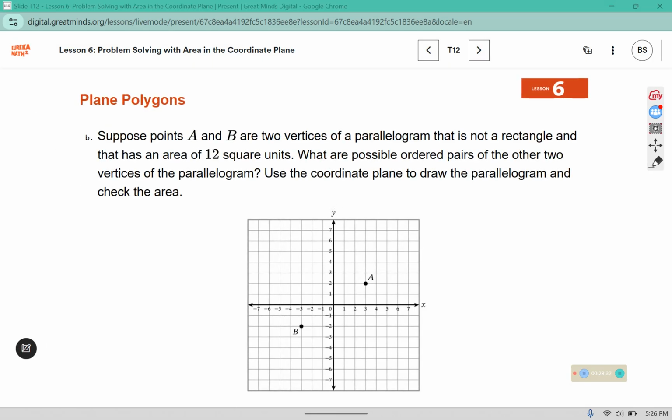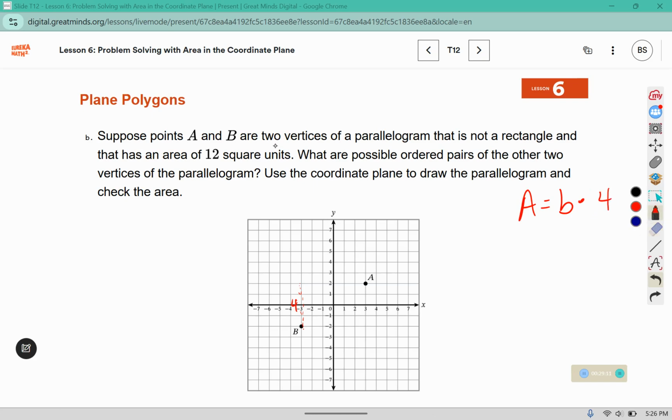Suppose points A and B are 2 vertices of a parallelogram that is not a rectangle and has an area of 12 square units. What are the possible ordered pairs of the other 2 vertices of the parallelogram? Use the coordinate plane to draw the parallelogram and check the area. Well, the area for a parallelogram is found by using the base times the height. If I was trying to get from B to A, that would have a height of 4.